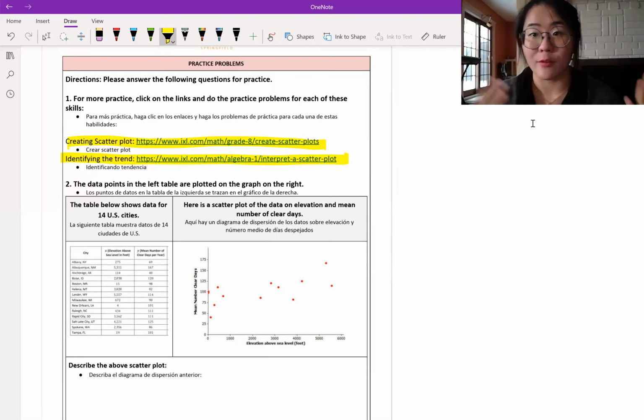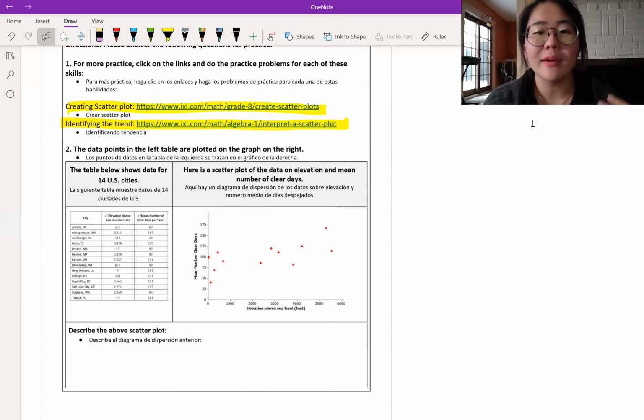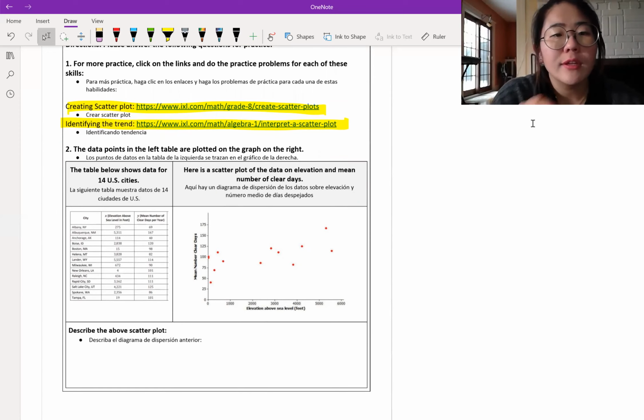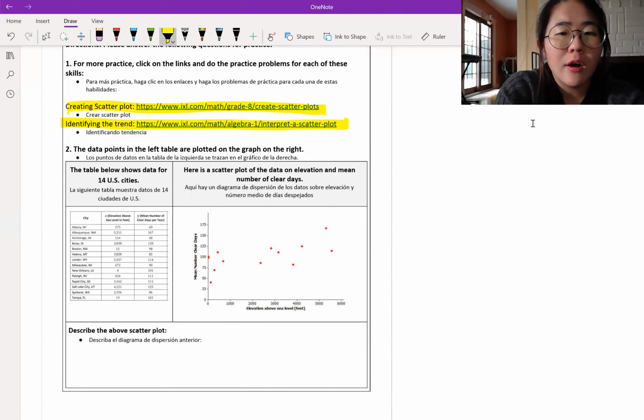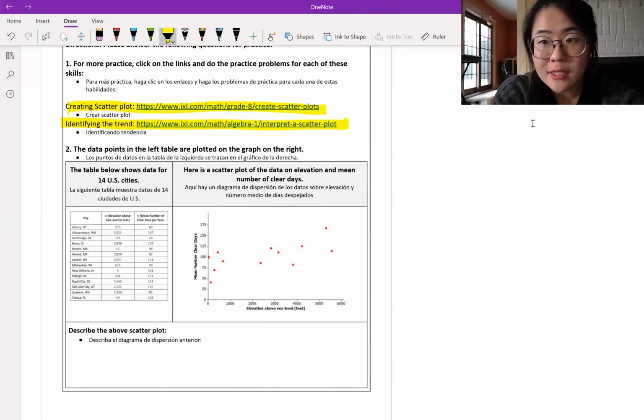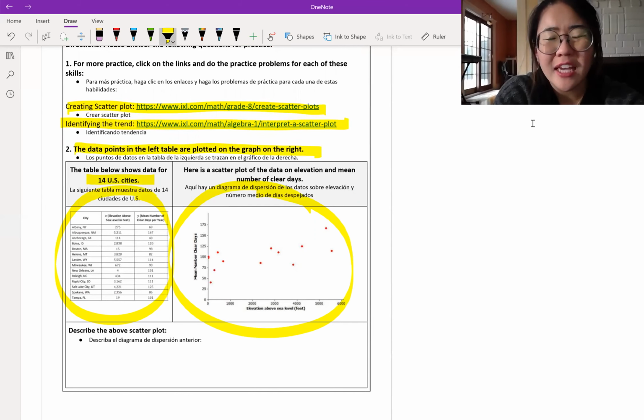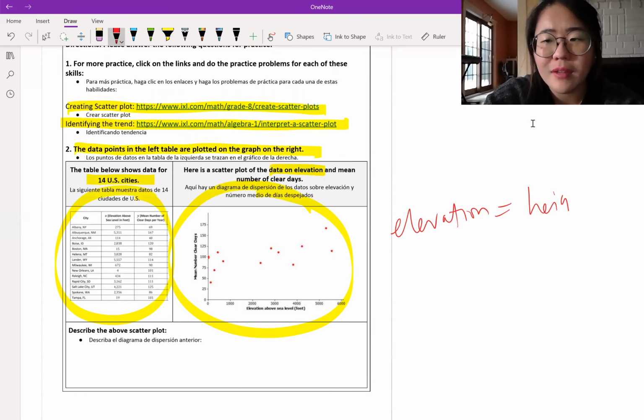So the whole point about scatter plots is so that you're able to describe actual data. So for this graph, the data points on the left table are graphed onto the right. It's basically taken from 14 US cities and it's talking about elevation. Elevation means height, basically, above sea level. And we're looking at number of clear days, okay?